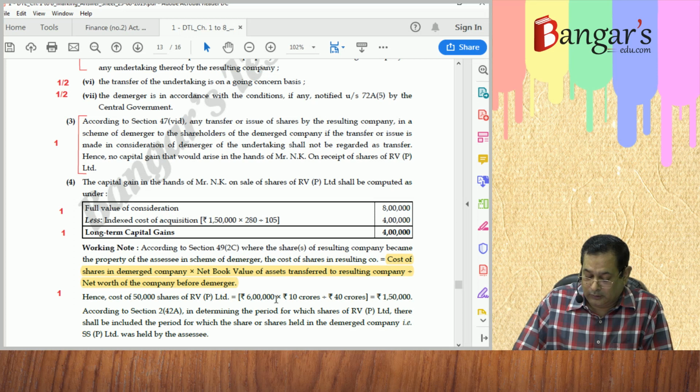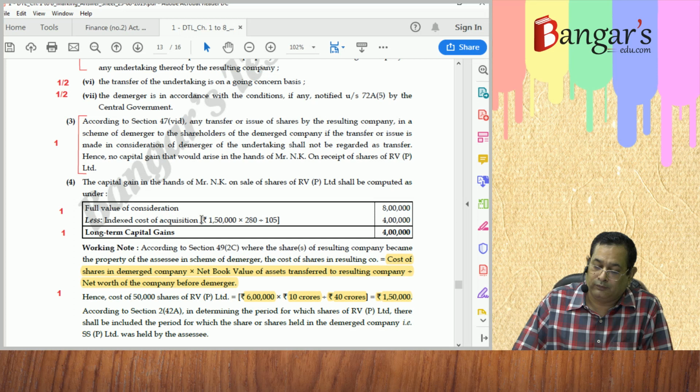So here he has acquired those shares for 6 lakh rupees. 10 crores of assets have been transferred to the resulting company, and net worth was rupees 40 crores, so cost will be rupees 1,50,000.